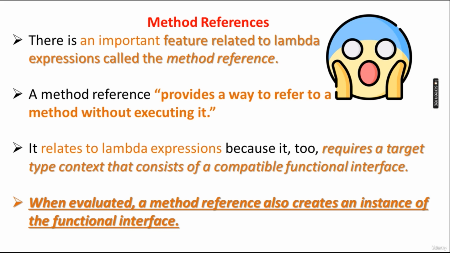It relates to lambda expressions because it too requires a target type context that consists of a compatible functional interface. So this method will be referred because it requires a target type context, so that the type will be inferred according to it, and it also needs a compatible functional interface.